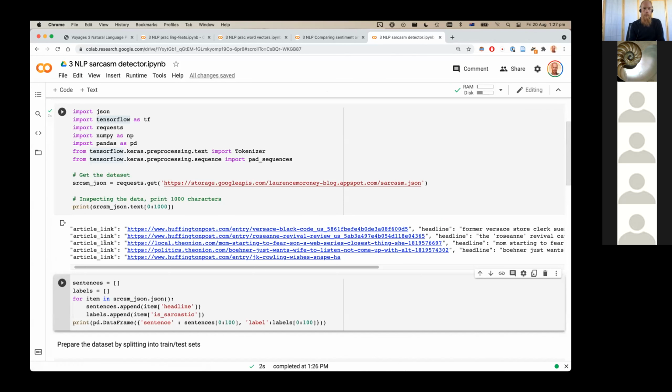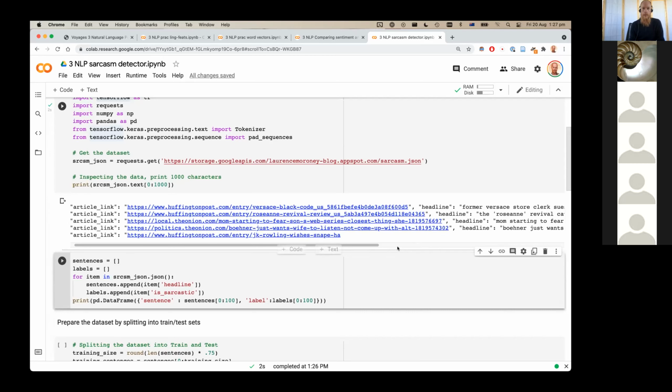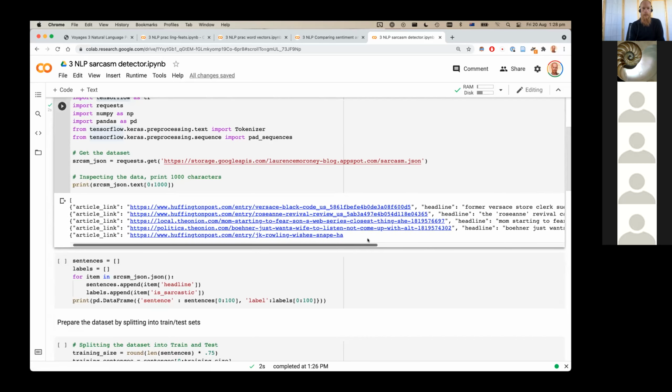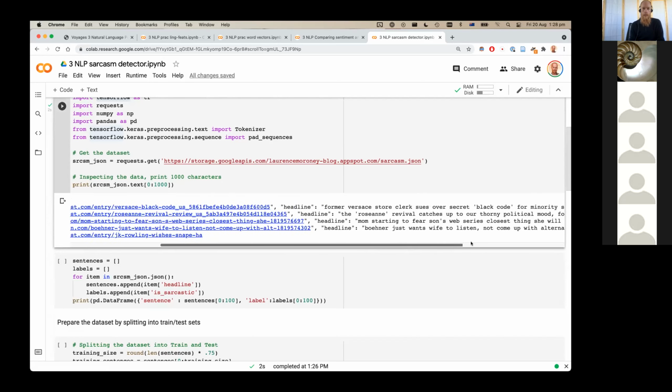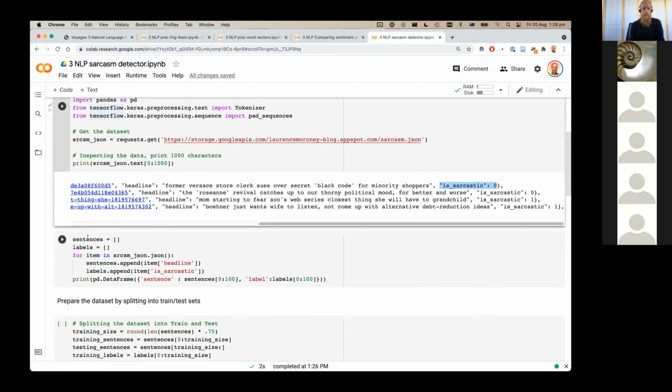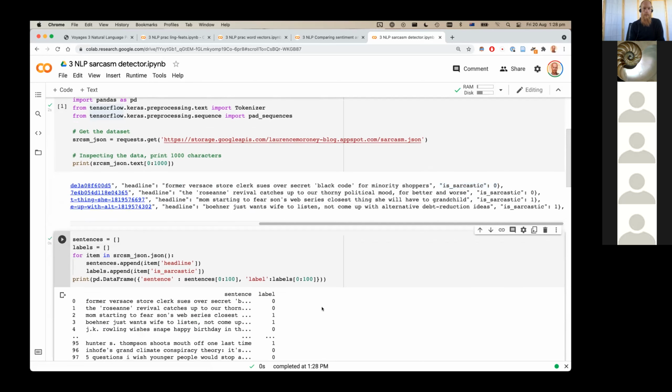We've output the first 1,000 characters just to get a sense of the shape of this data set. It's a list of objects with a link, a headline, and an is_sarcastic value.